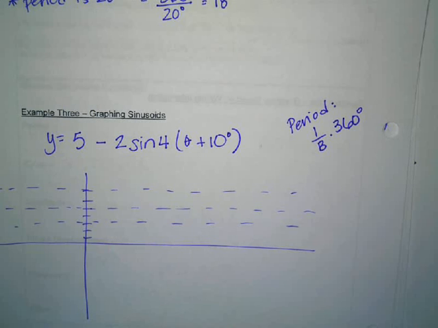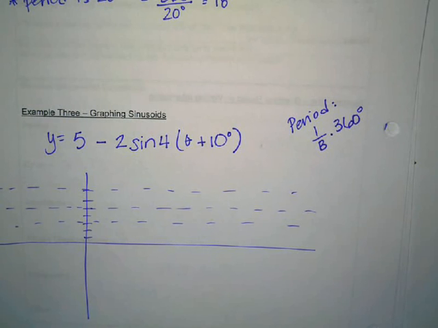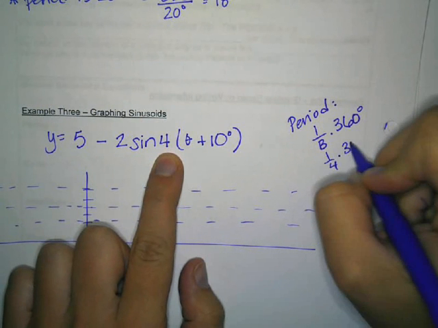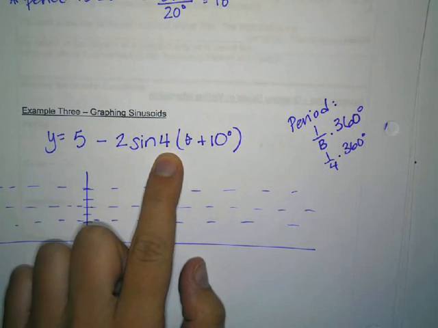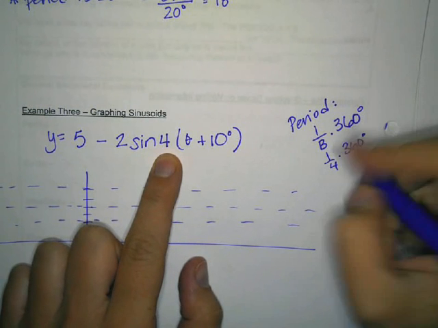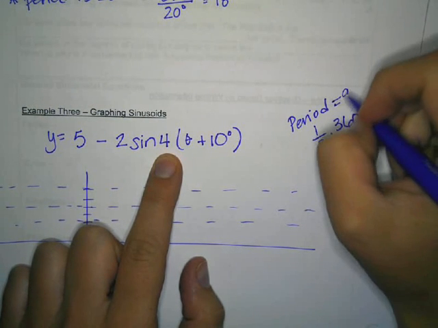Now, if we were graphing with radians, you'd multiply by 2 pi, which eventually we'll get to, but degrees are a little bit nicer to work with at first. So we have 1/4 times 360. What is 1/4 of 360? 90. Okay, so my period is going to be 90 degrees.